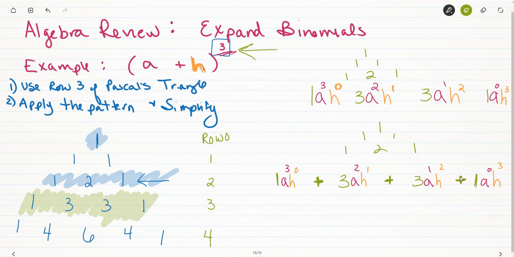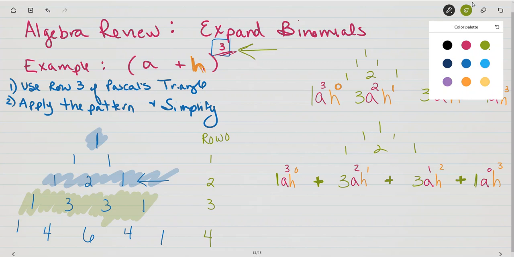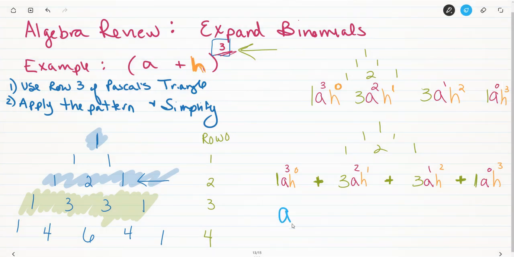And that's it. All I have to do from here is simplify some exponents. So let me walk you through that. 1 times a cubed times h to the 0. Well, anything to the 0 power is just 1. So what I'm left with here is a cubed. 3a squared times h.